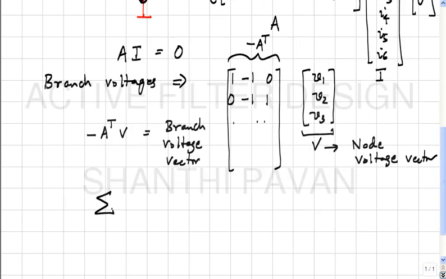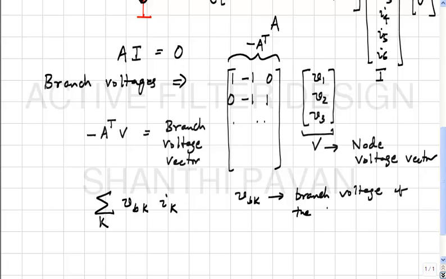Now, if I want to find the sum of VBK IK, where VBK stands for the branch voltage of the kth branch, and IK stands for the kth branch current.